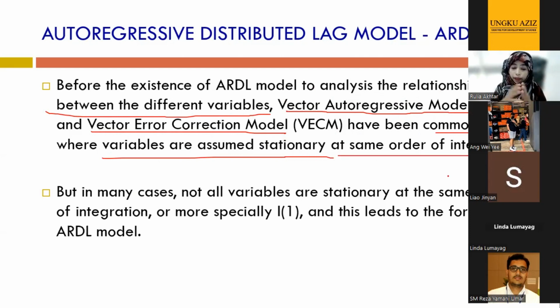What does that mean? The variables should be stationary at level, or stationary at first difference. But suppose you have 10 variables, all the variables cannot be of the same order. It's very difficult to get all the variables in the same order.